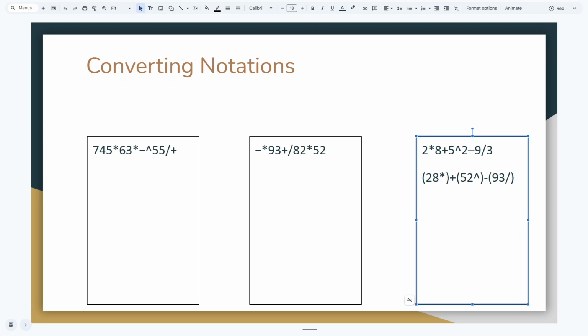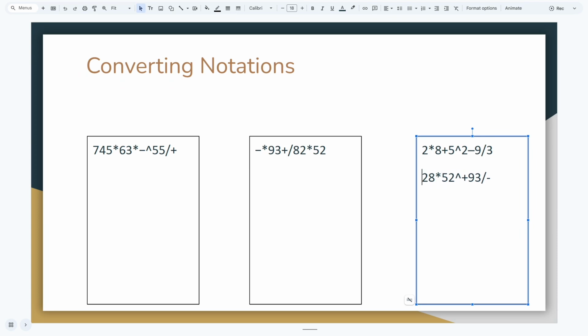So we see this operator that's in the middle, so we can move it here. And I don't need to put brackets here because I know I just have to move this to the end. And now I don't need brackets anymore. Those are just, again, to separate the operands.